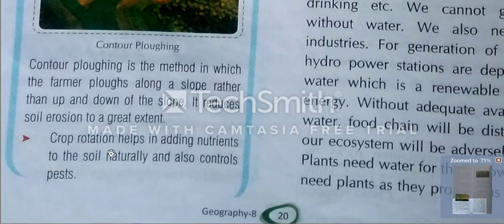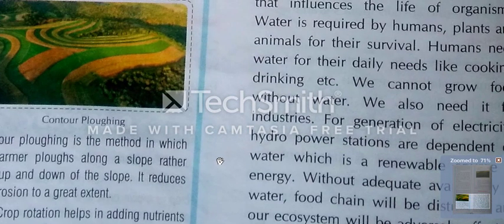Means if we change the crop on the same piece of land, that will help add nutrients to the soil and also control the pests. Pesticides, कीटनाशक. Okay, clear.